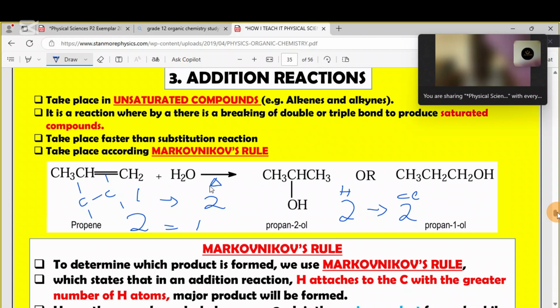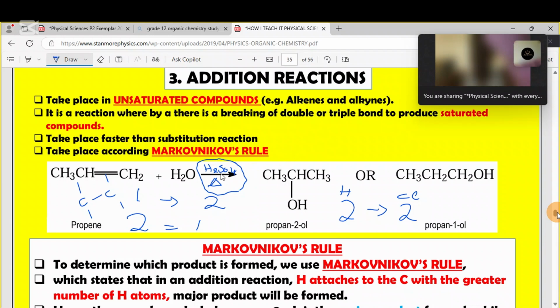If it's heat, you have a triangle underneath, or you can just write heat, and then you write anything else you have. If you have another agent like the H2SO4, you write your H2SO4 on top. This is showing that I need these things, but the H2SO4 is not going to react with anything here. It's just there to make sure that the reaction happens.